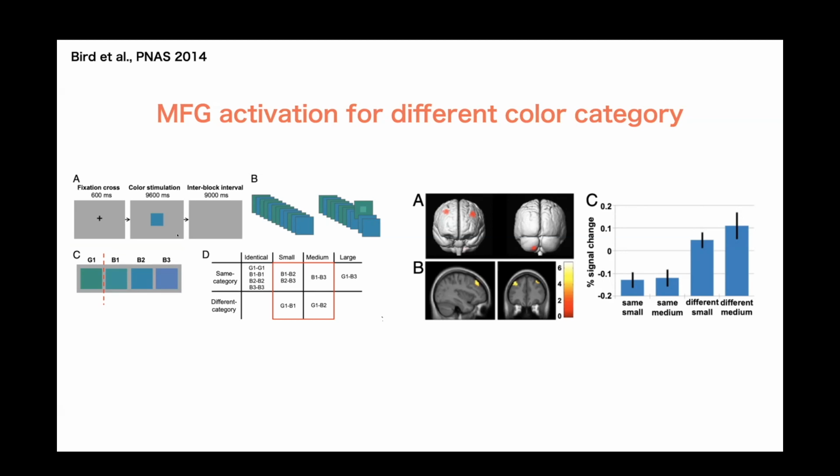Okay, in the study conducted by Bard, they used these 4 colors. This is categorized as green, and these are blue, but a different degree. And these are similar blues, a little bit from greenish blue to blue. And this is green.